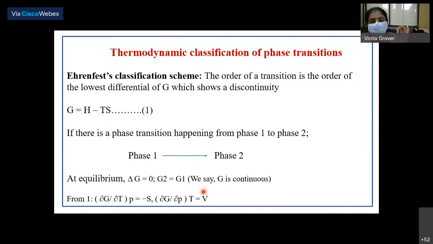If phase 1 is going to phase 2, S2 at the phase transition is not equal to S1, and V2 at the phase transition temperature is not equal to V1. That means delta S and delta V have a finite value, S2 minus S1, V2 minus V1. Those are called first order phase transitions. Tell me this is clear and I'll move forward. If this is clear, then the next part is smooth.